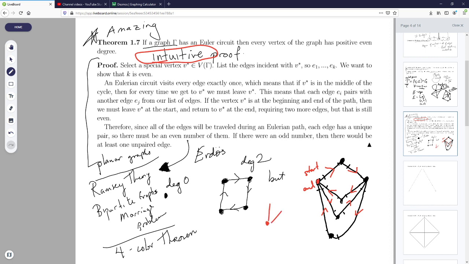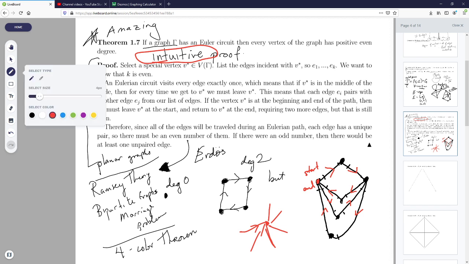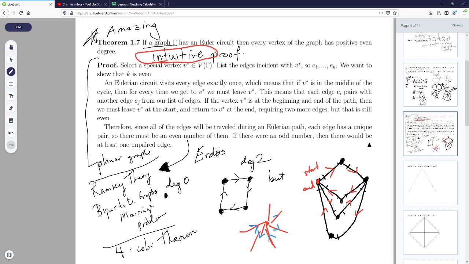you have a whole bunch of edges coming in, right? Every time you enter a vertex along one path, you have to leave that vertex. So let me just draw it in blue. Every time you enter a vertex, you have to leave it. You enter, you leave, you enter, and then you leave. Or I guess leave and then enter is how I drew it.